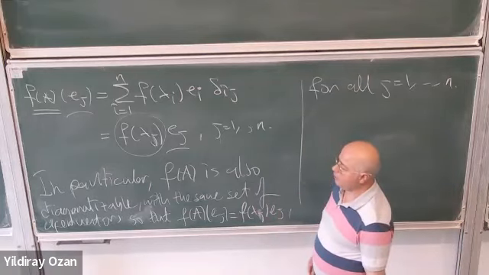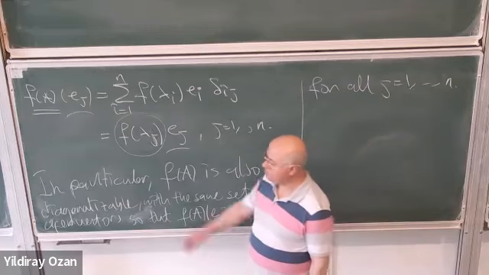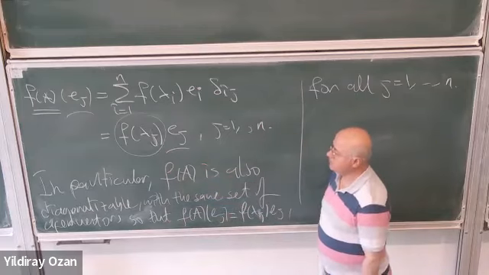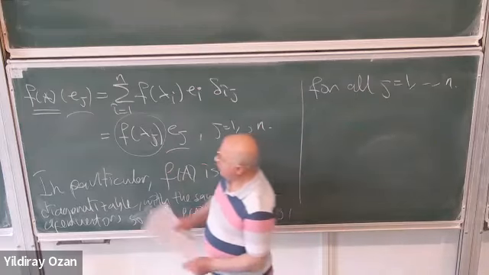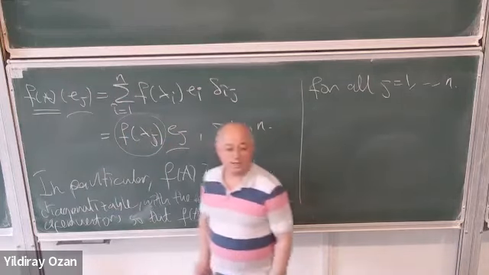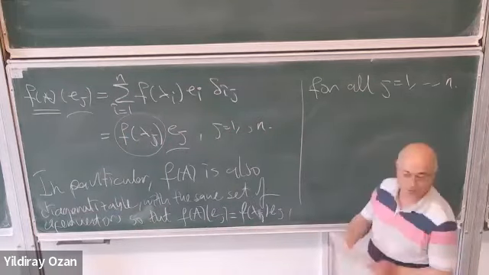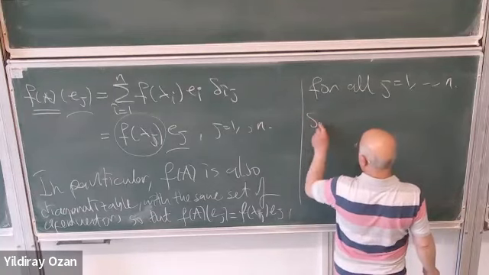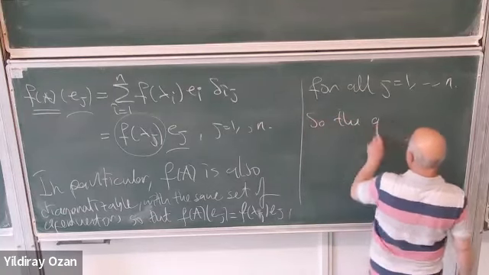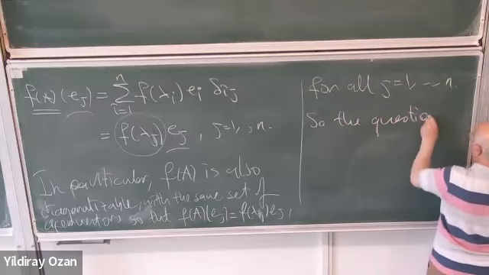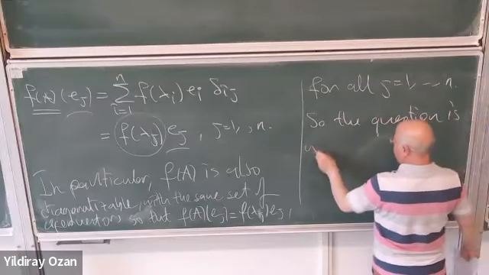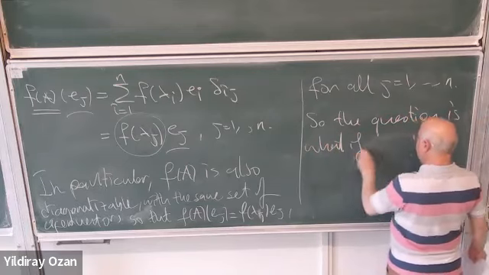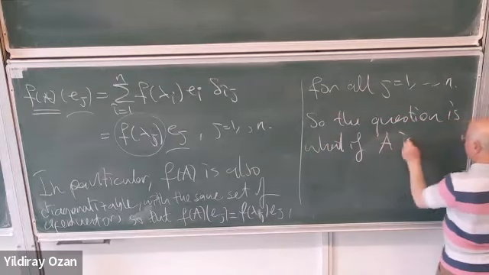What we will do in the rest of the lecture, we will see how one can define f of A in case A is not diagonalizable. So the question is, what if A is not diagonalizable?